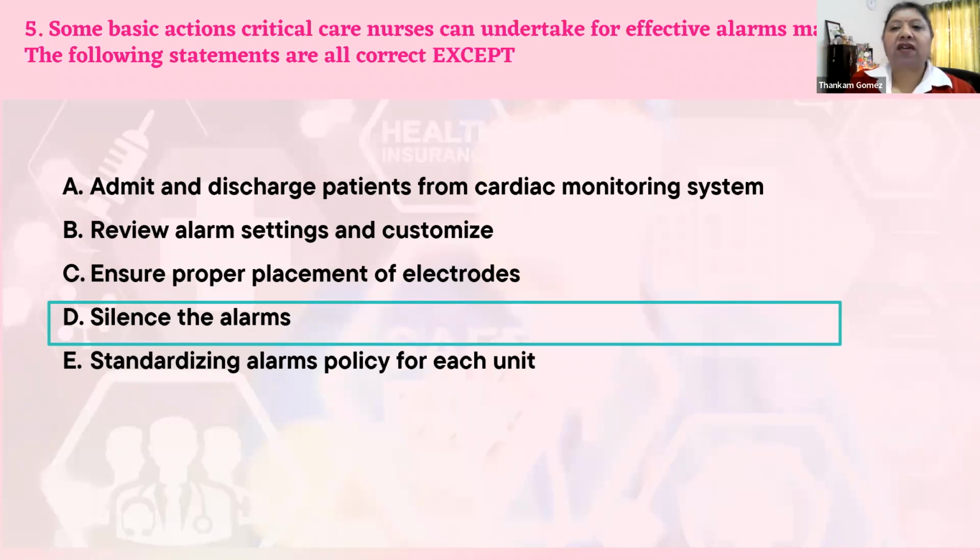It is a good practice that in every shift, the nurses should be looking at the alarm settings, and they are allowed to customize the alarms based on the guidelines laid out in the policy. And proper placement of electrodes should always be maintained so that you can avoid unnecessary alarms because of the electrode not being placed properly.